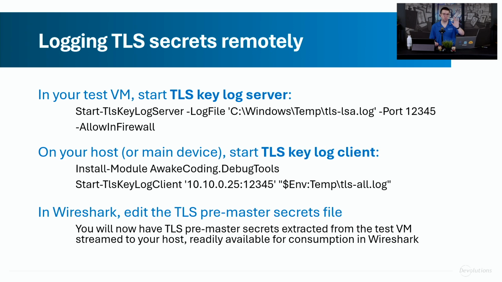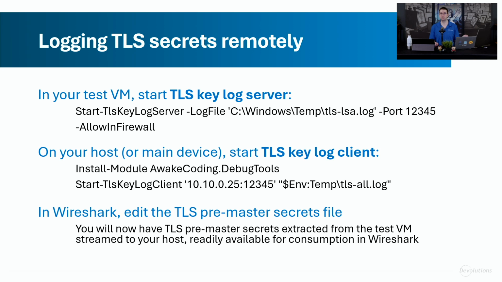In your test VM, you have your first terminal in which it says that it's logging TLS master secrets from the LSA. Keep that window open. You need it there. Open a second one, and type in this command, Start-TlsKeyLogServer, with the log file. This is optional, but it specifies explicitly the same log file being logged to from the LSA.